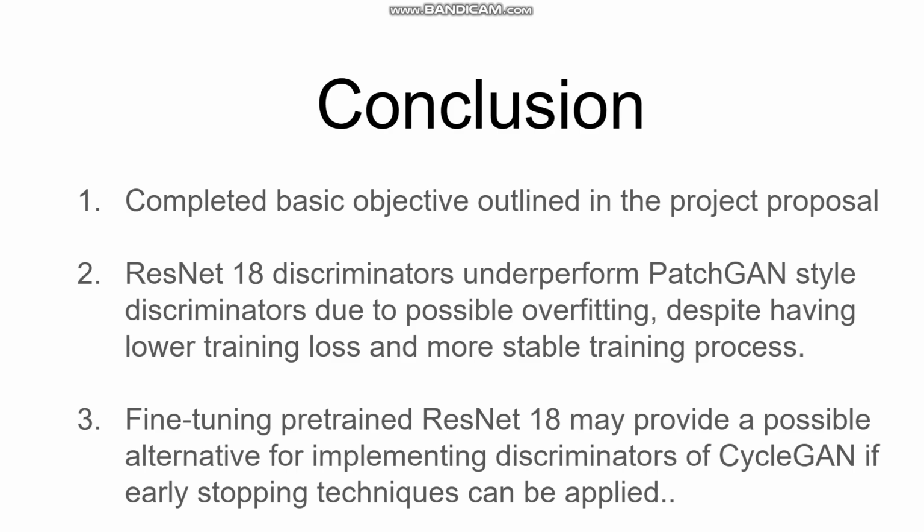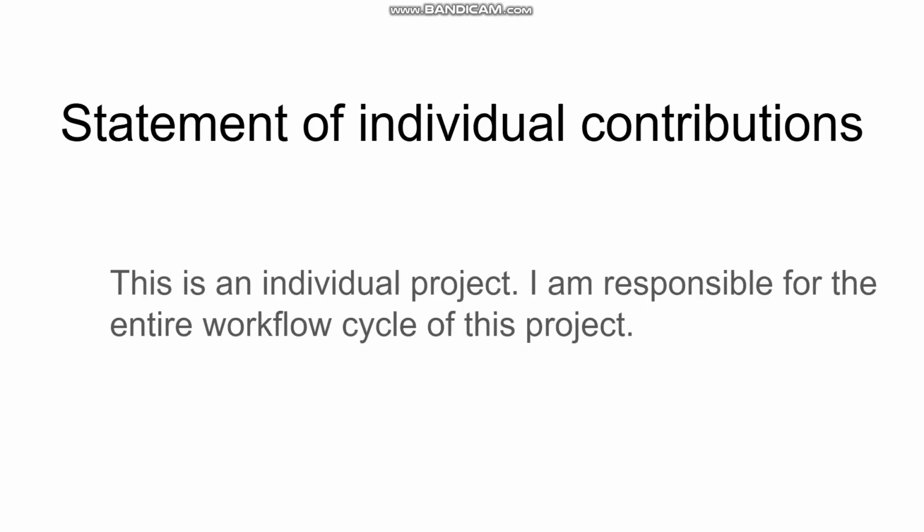And fine-tuning a pre-trained ResNet 18 may provide a possible alternative for implementing discriminators for CycleGAN if we can somehow apply early stopping techniques to prevent overfitting of the ResNet 18 approach in CycleGAN 2.